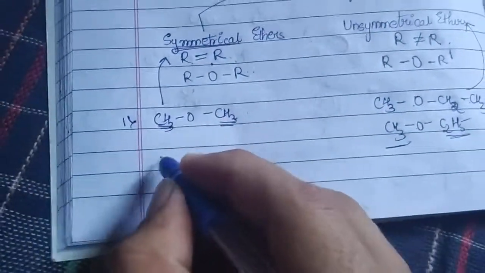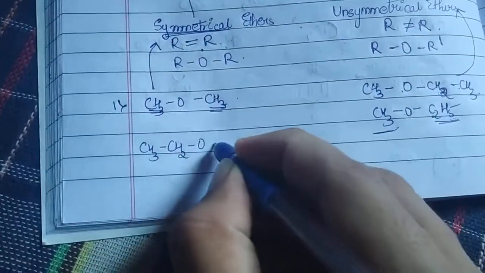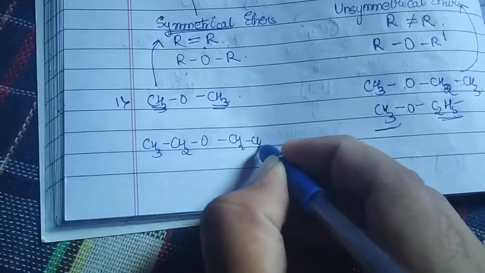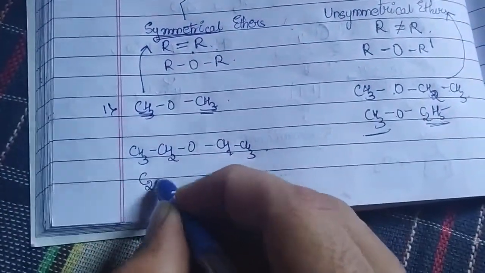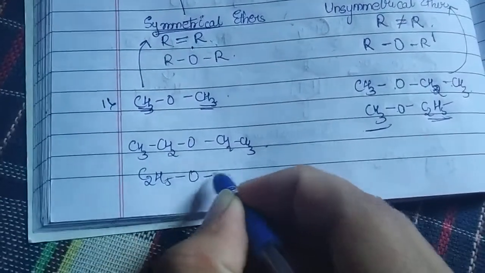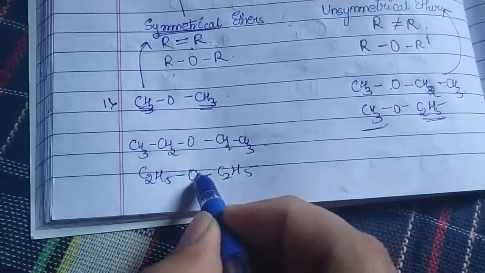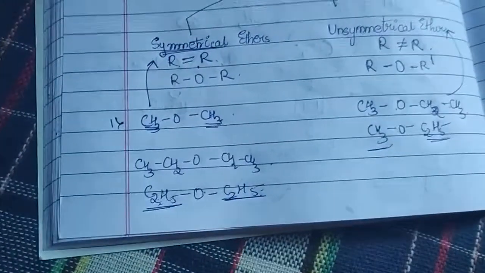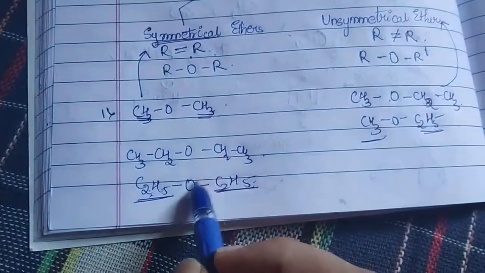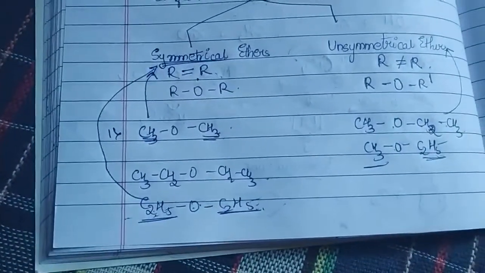If I take one more example, CH3CH2OCH2CH3, this could be written as C2H5OC2H5. We observe that on either side of the oxygen we have the same alkyl group, so it also belongs to symmetrical ethers.